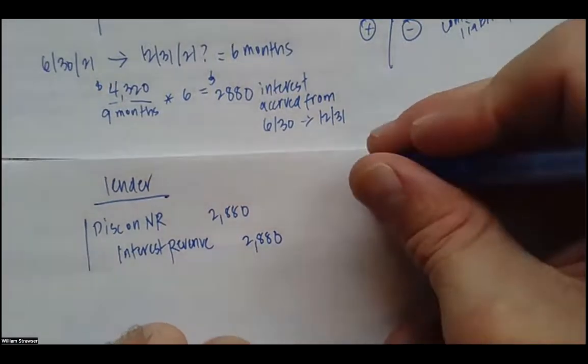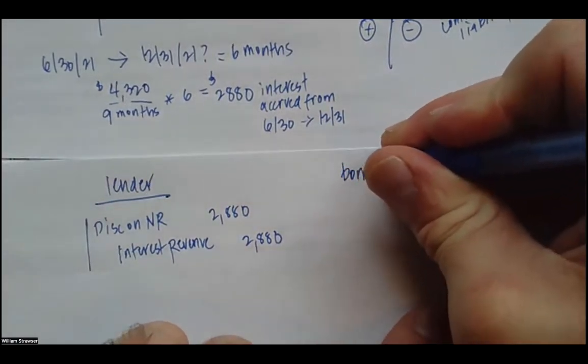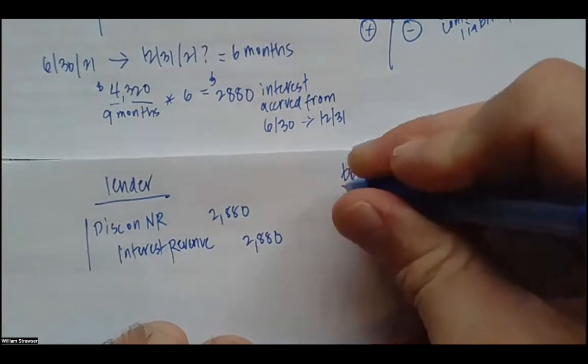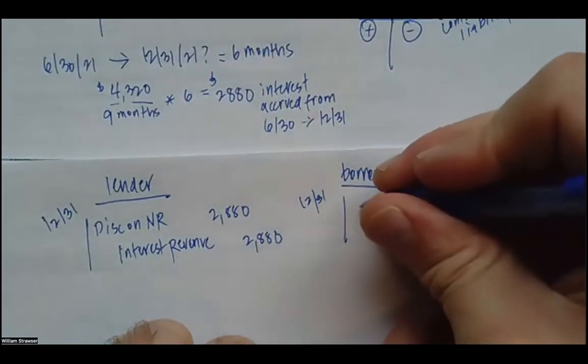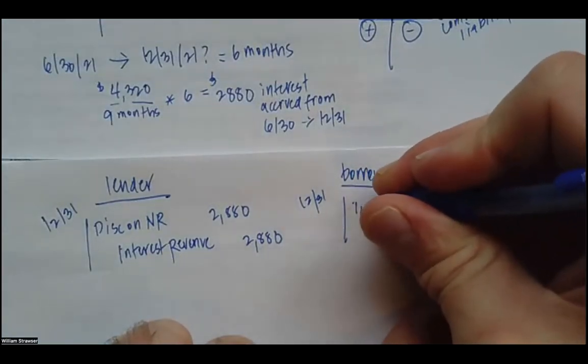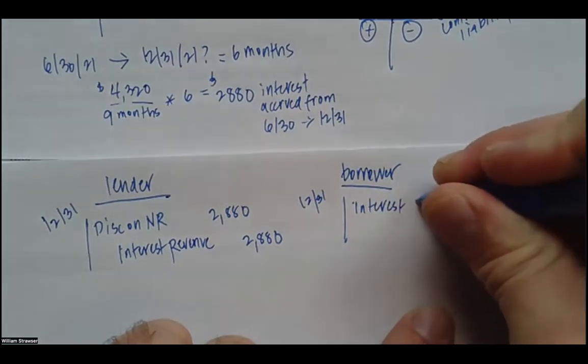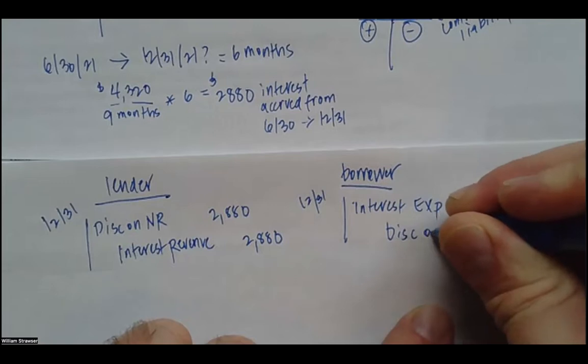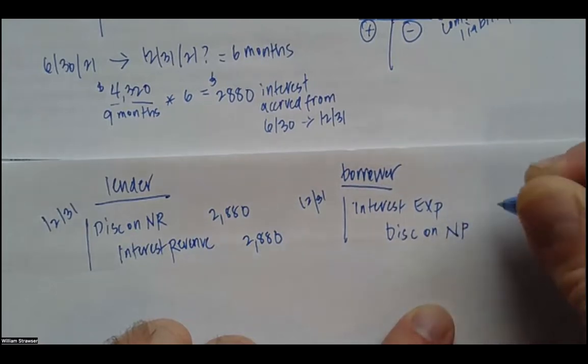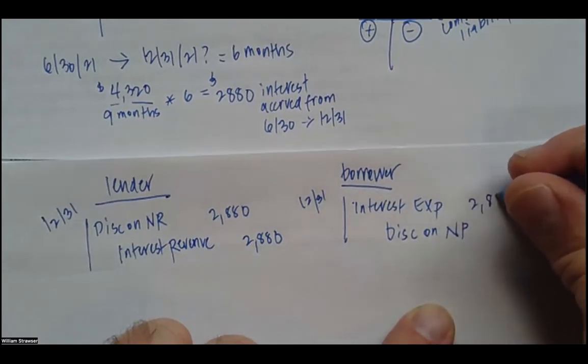And for the borrower, this is all at 12/31, I would record interest expense and a credit to the discount on the note payable for that amount of money.